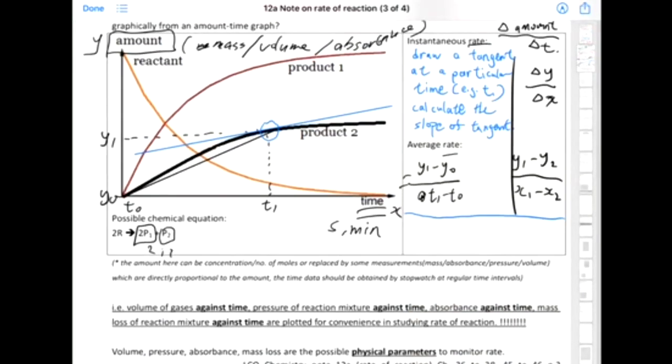We call it initial rate. And I give you the definition for initial rate, and you try to think of how you can obtain the answer from the graph. And initial rate, the meaning of it is the instantaneous rate at time equal to 0.